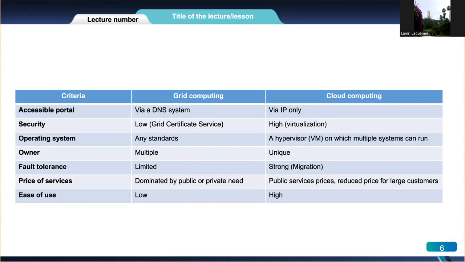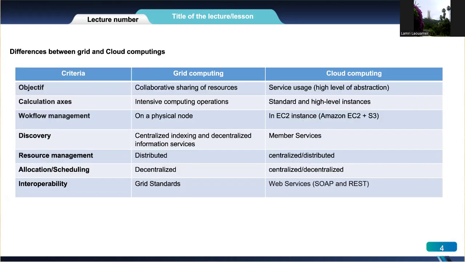So, before talking about the difference between cloud computing and grid computing, it's important to make some reminders about what grid computing and cloud computing are, explained in the previous chapters.